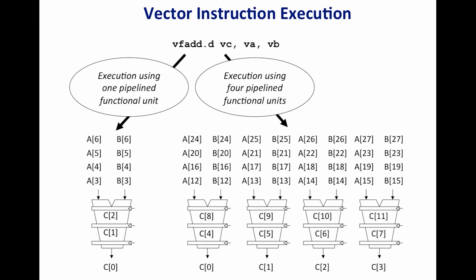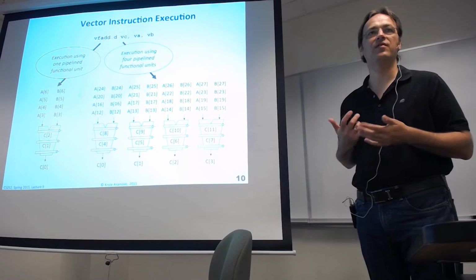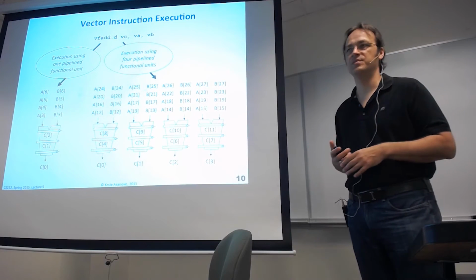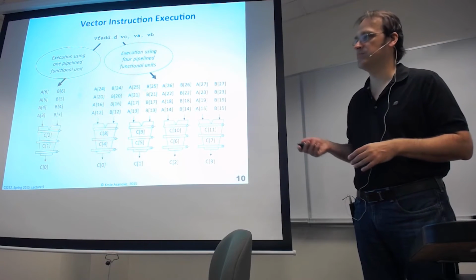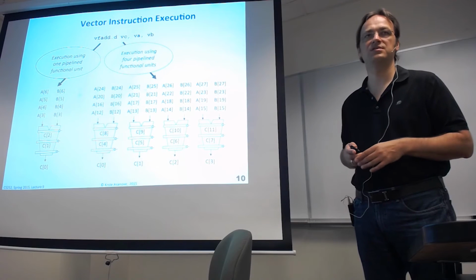In this case, I'm producing 4 words per cycle of result. But notice I haven't changed the instruction encoding. Contrast that with what you just read about in Haswell, where if they went from 1 to 4, they have a whole new set of opcodes saying do 4 at a time, do 1 at a time. In the vector style ISA, there's just one instruction that says do the vector operation, and it's up to the microarchitecture to figure out how it wants to do those in terms of being parallel or pipelined. So the same assembly code runs on both these hardware architectures.